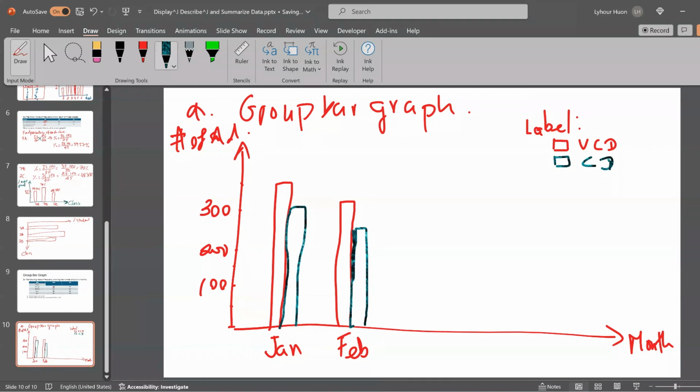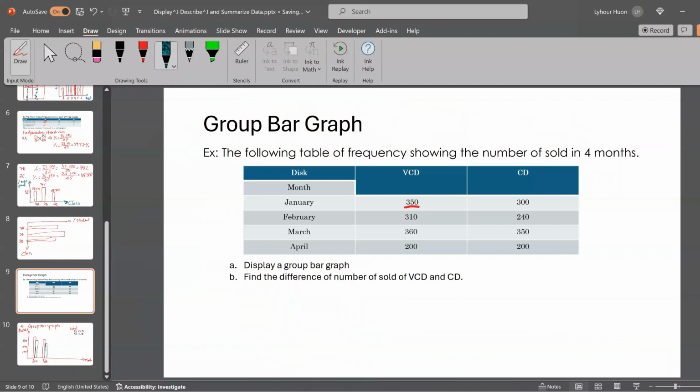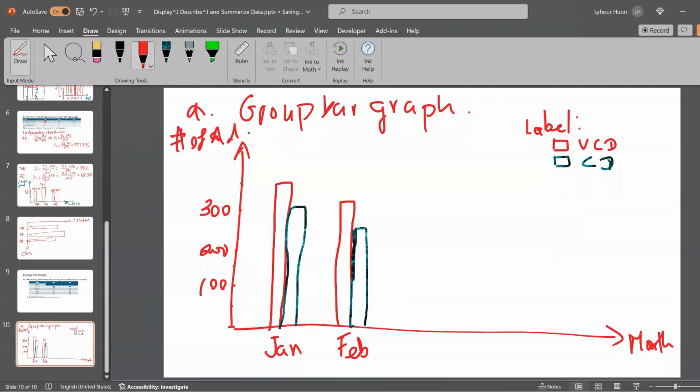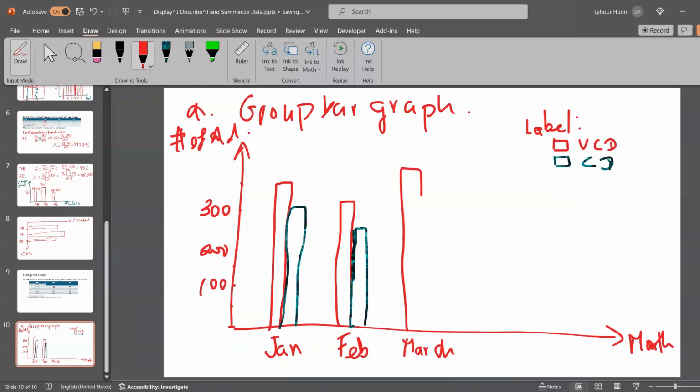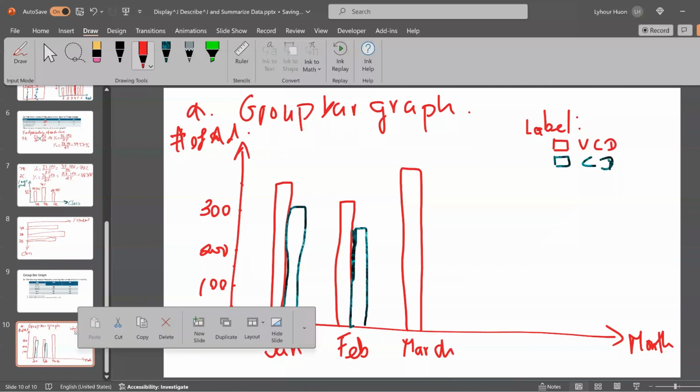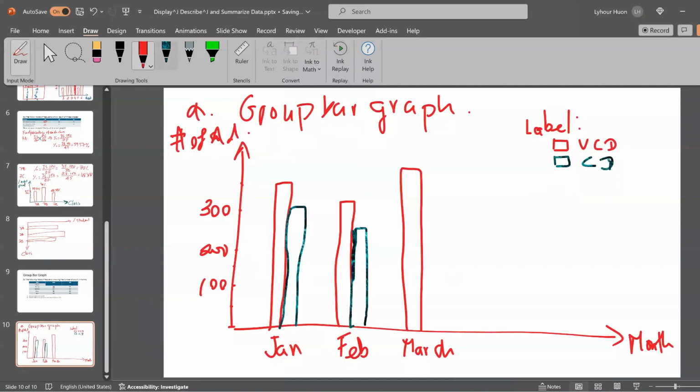And then for March, VCD is 360 and the CD is 350. For the last month, both are 200.